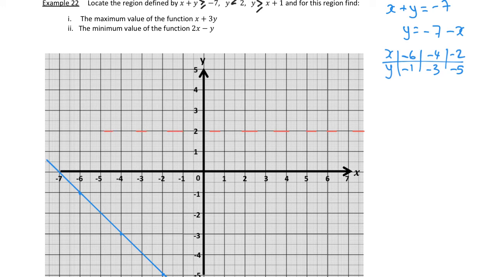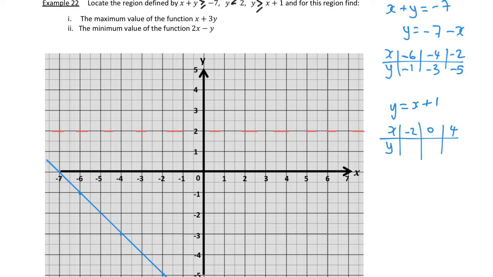And then the third line is y is less than or equal to x plus 1. And again, we need to think about a table of values for that, and that's going to be based on the line y equals x plus 1. So for our x and y coordinates, this time let's pick -2, 0, and 4.